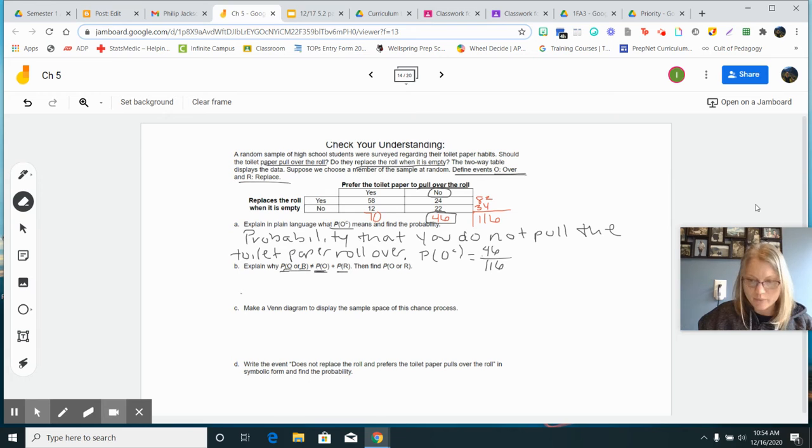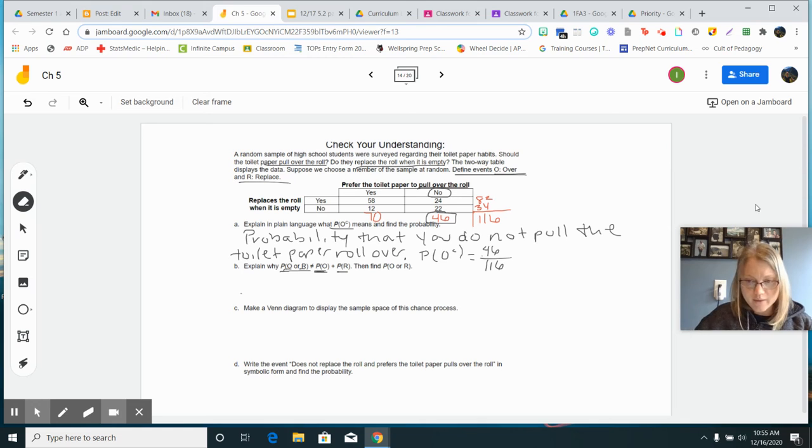Okay, so explain why we can't just straight up add these together. Because usually when we do or, it's like I add up these people or these people and I get everybody together. But in this case, this is asking us why we can't do that, which means they're basically asking us, are these events mutually exclusive or are they not? So I can definitely be a person that pulls my toilet paper roll over, and I can be a person that replaces it also.